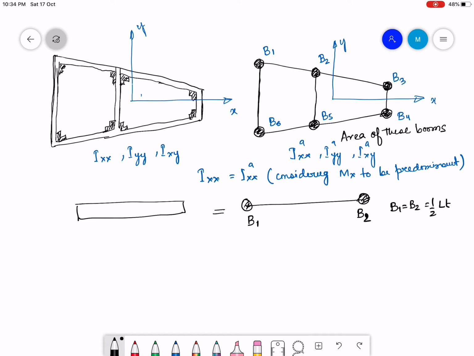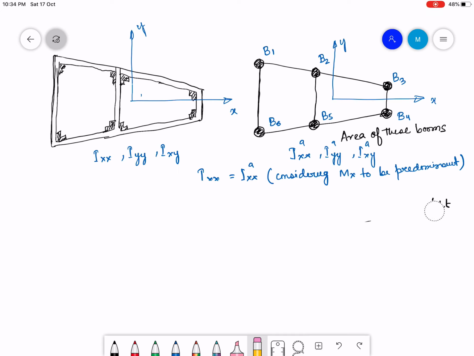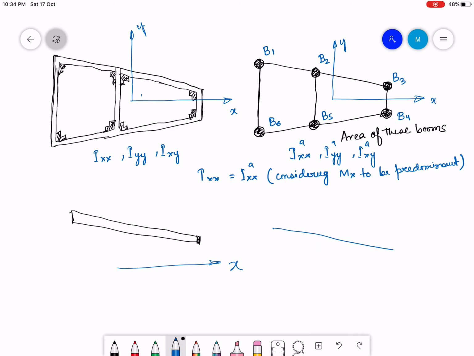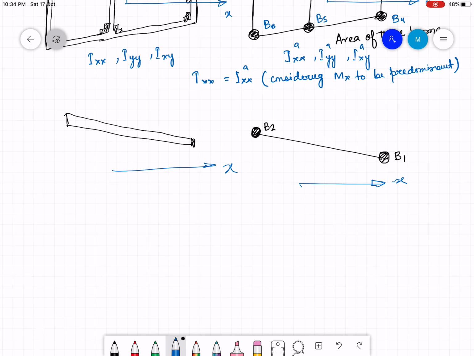But if this is not the case, and if my flange is inclined with respect to the x-axis, so this is my x-axis, and if I have to replace this by two booms, how am I going to find out the areas of B1 and B2?